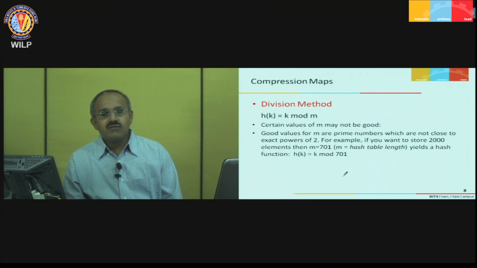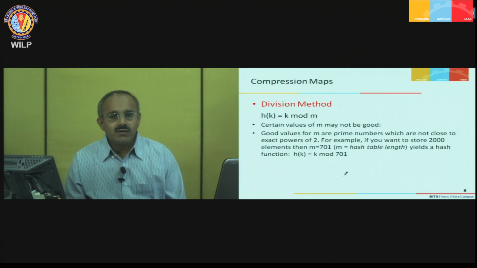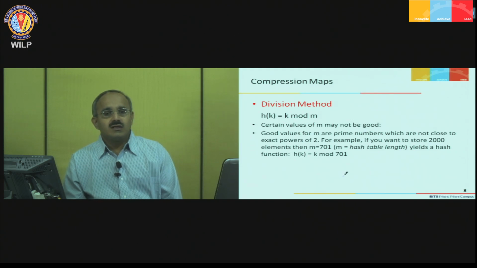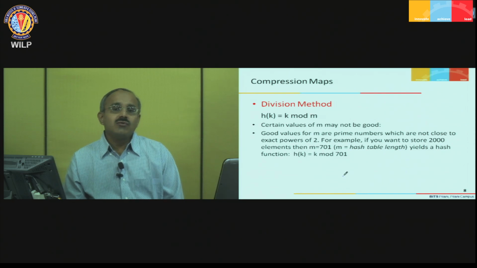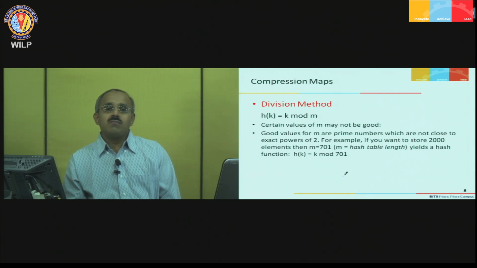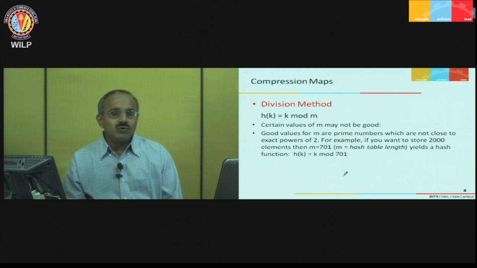So, in the division method, h(k) is equal to k mod m, so that means you are looking at all the keys modulo a number m. We know that once you do modulo m, all your keys are going to be mapped from 0 to m minus 1. Correct?